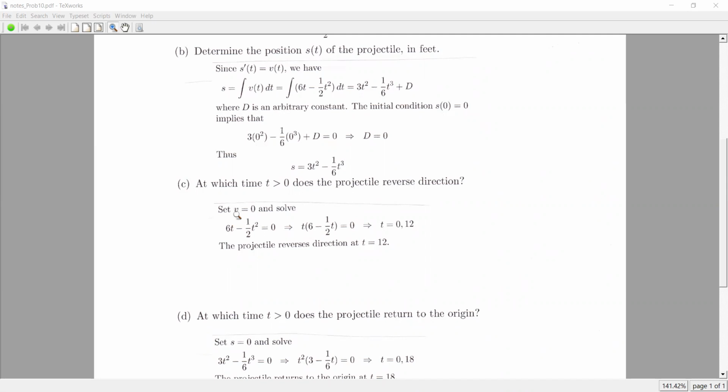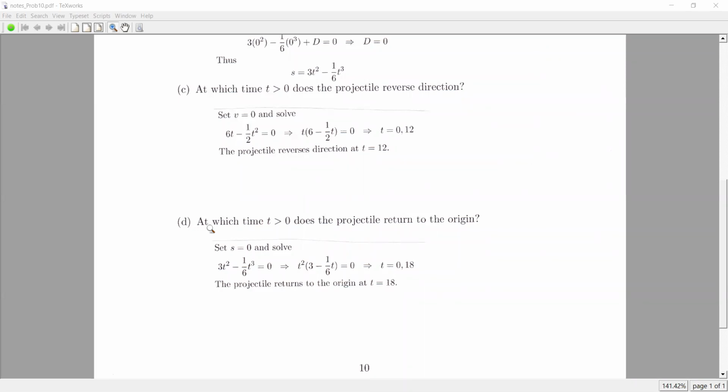From part A, velocity is this function, so I set this function to 0 and solve this equation for the time t. Then I get t is 0 or 12. I pick 12. The projectile reverses direction at t equals 12.